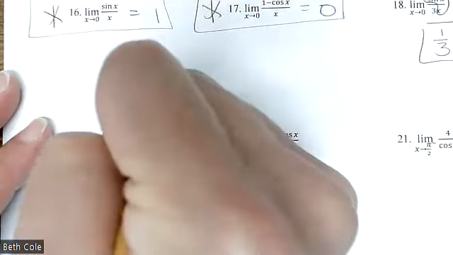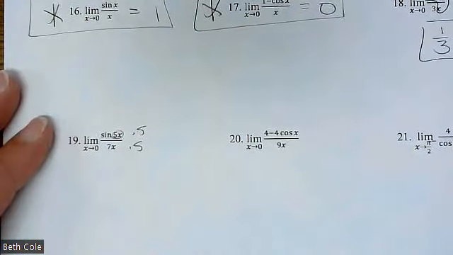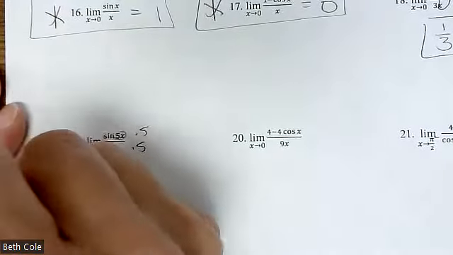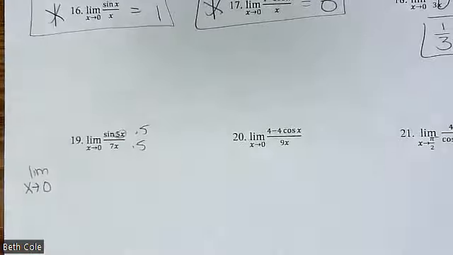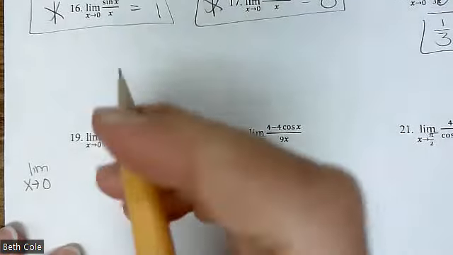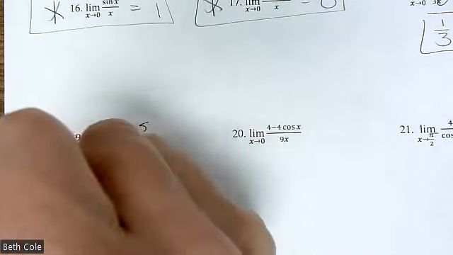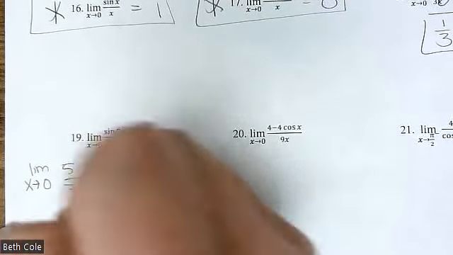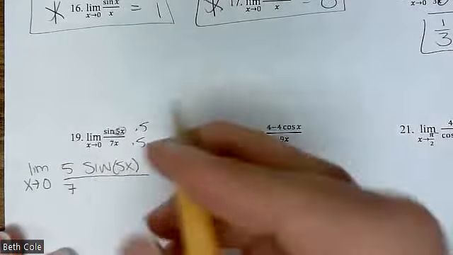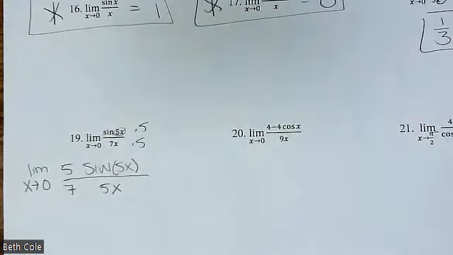So we're going to multiply the numerator and the denominator by 5, and it's going to look like this. I know some of you aren't writing it down because you're like, I know the answer is 5/7. But I want you to understand why, okay? You'll have a 5 out front, 5 sine 5x. And then down here, I'm going to write the 7 kind of separated, and then we'll have a 5x.